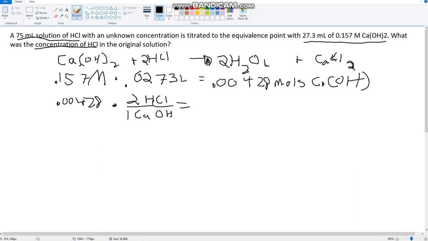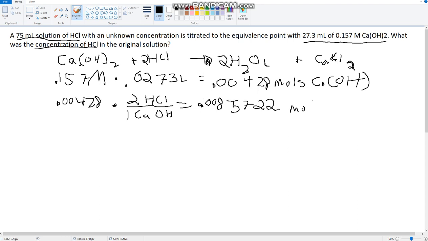And this will give us the moles of hydrogen chloride, which will be 0.0085722.